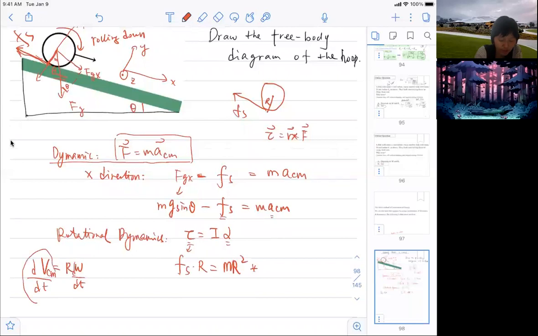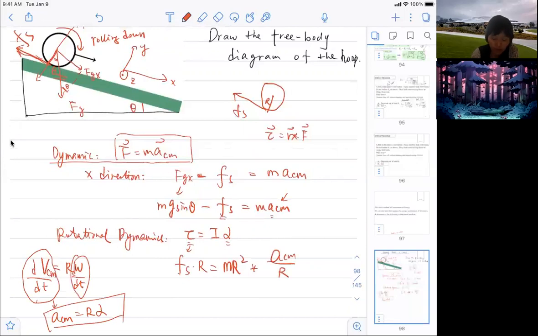We know that dv dt is acceleration a of the center of mass, which equals r d omega dt. What is d omega dt? Alpha. So you can see a and alpha are related like this. So I can replace my alpha by a over r.